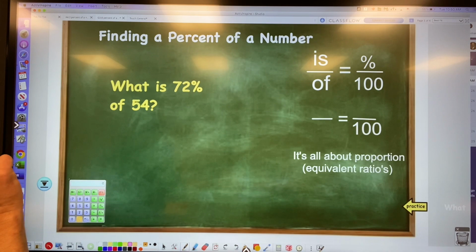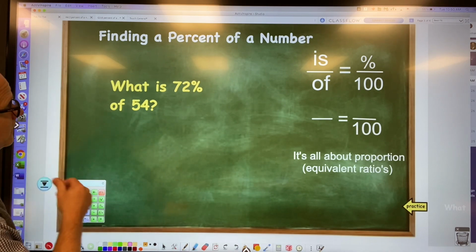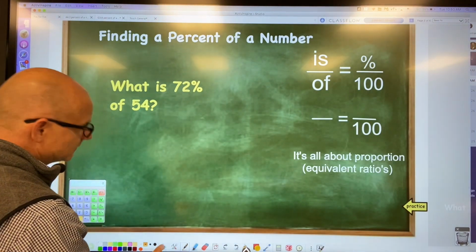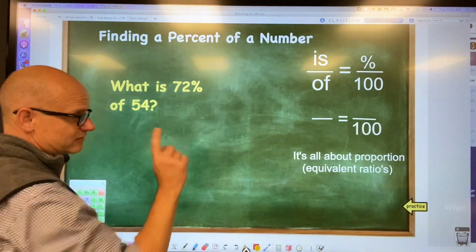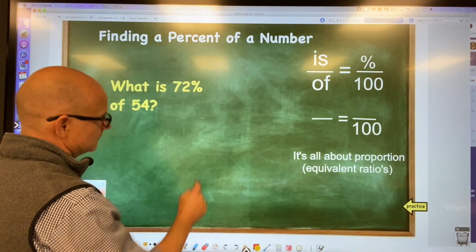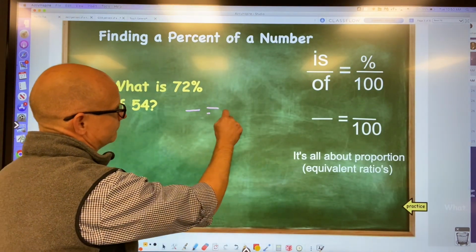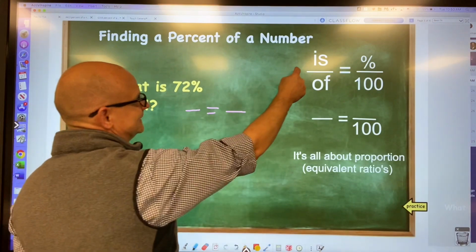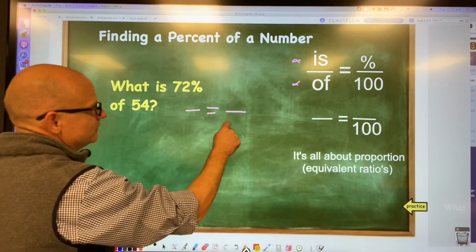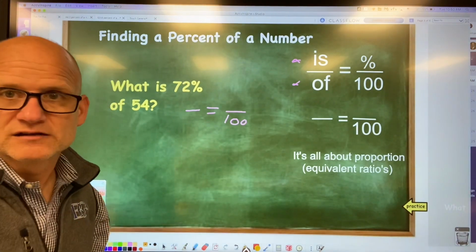So let's just try one. I want you guys to do a practice one. So this one says, what is 72% of 54? So again, how I would solve this is the very first thing I would do is I would do my little box equals box, okay? And remember, we want is and we want of. So we know this is 100 because percents are always out of 100.